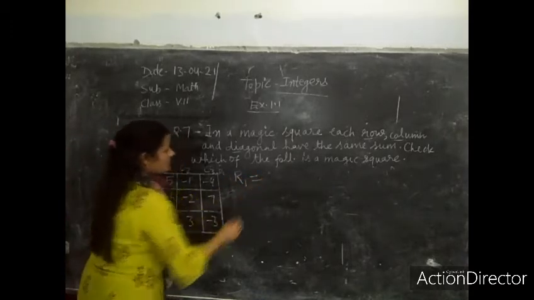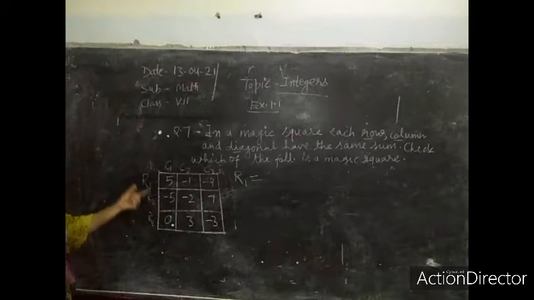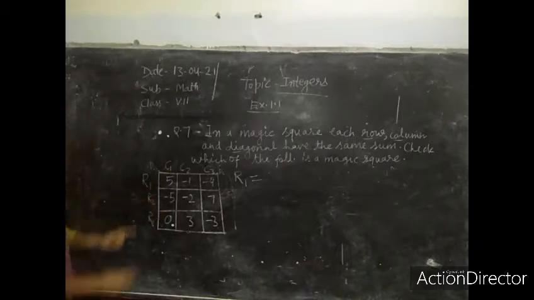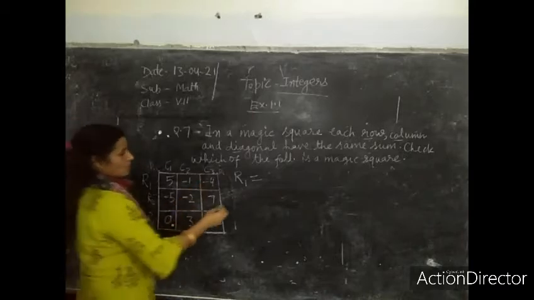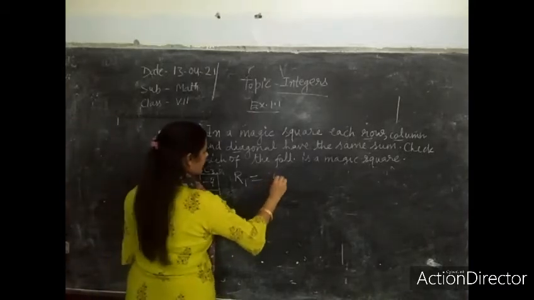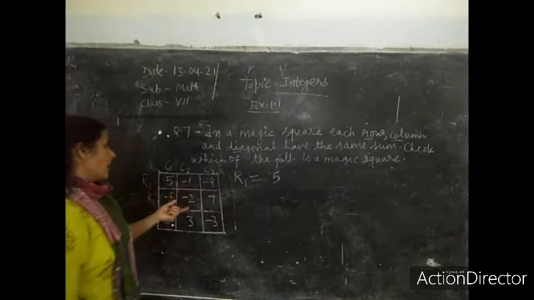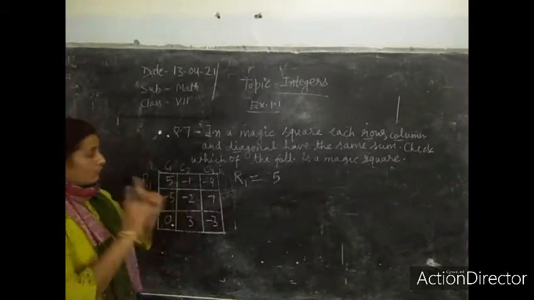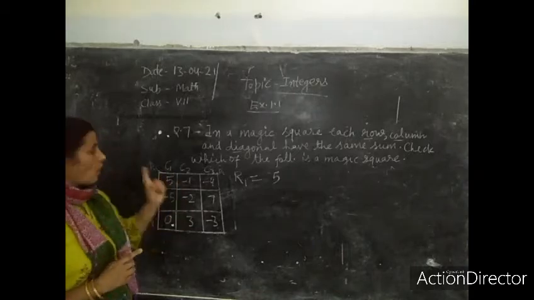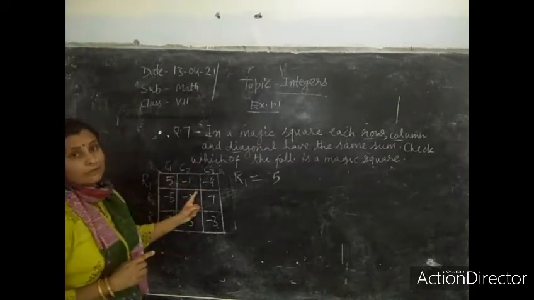The numbers which are in row 1, first we will add them. You can see in row 1: 5, minus 1 and minus 4. I told you that you should always use a bracket before a negative integer.